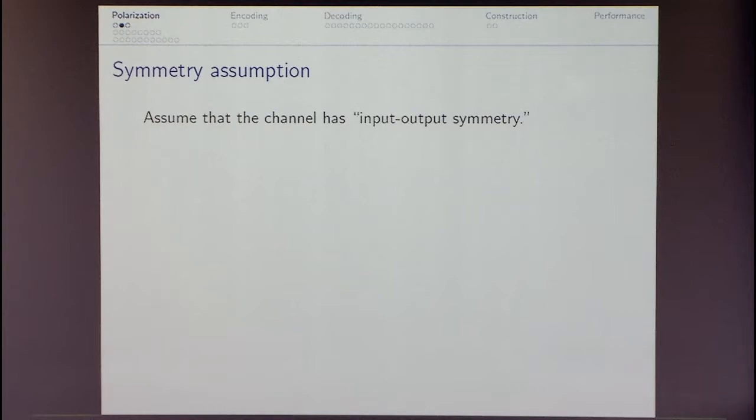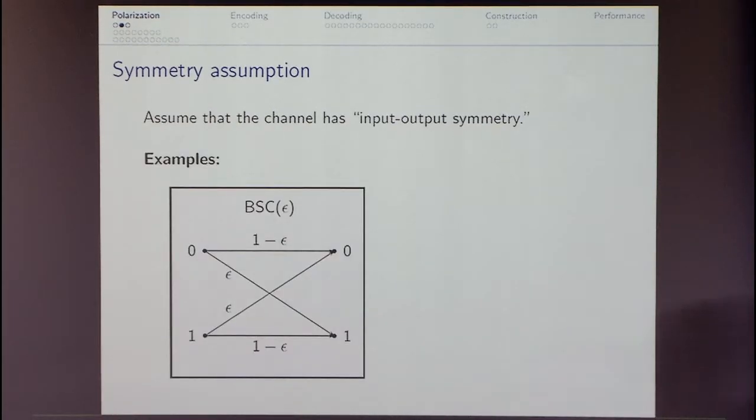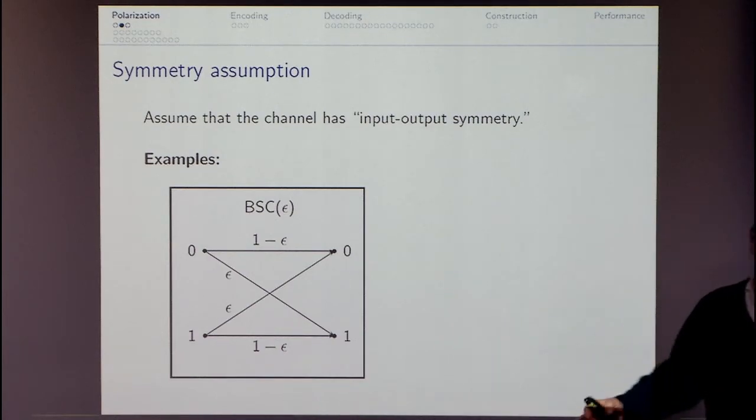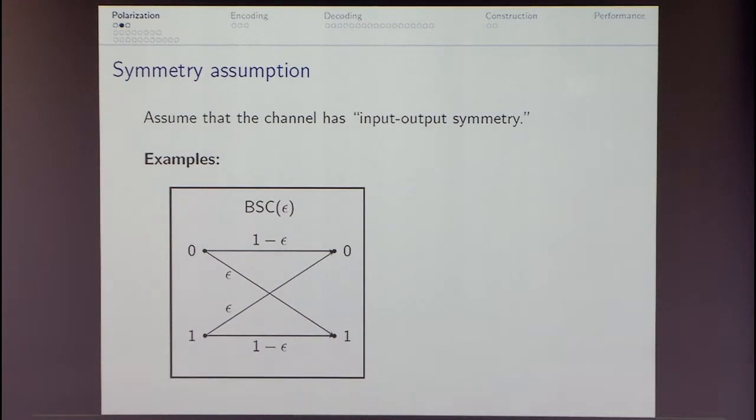I'll be making a symmetry assumption so that when I say channel capacity, it will be channel capacity. Linear codes in general do not achieve the capacity of any channel unless the optimal distribution is the uniform one on the channel input alphabet.